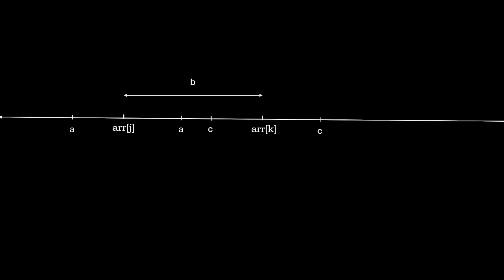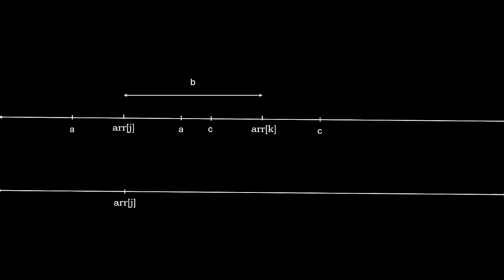All right. Now let's consider another edge case, okay? We'll have our array j here and array k over here, and let's have the difference between them b as previously. Now let's consider k first, okay? So k's bound is c, right? So let's have our c at this location.